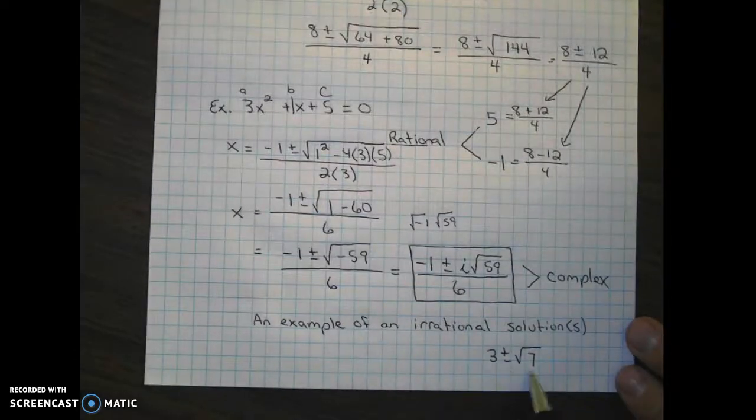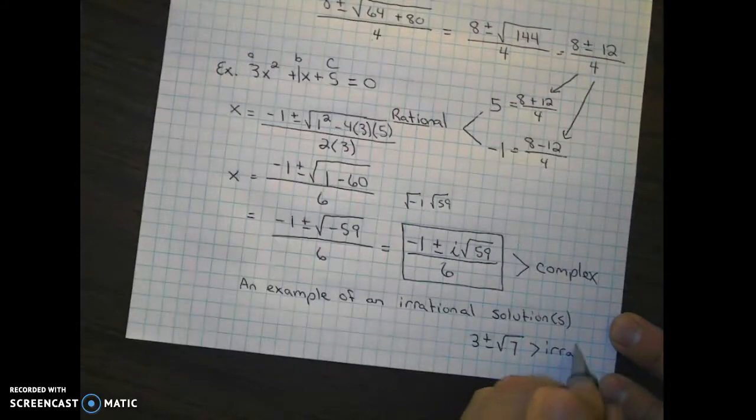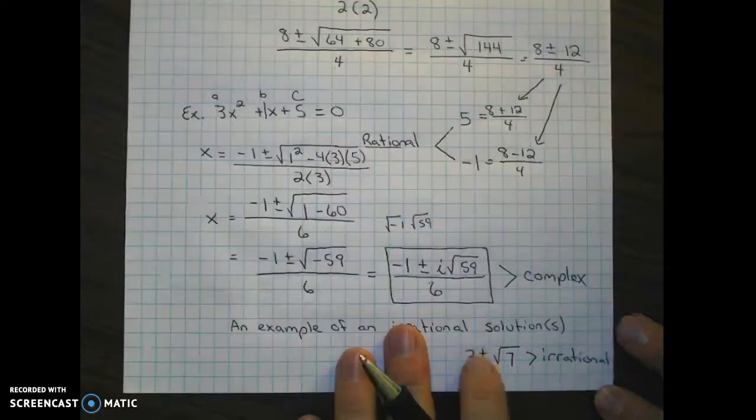Okay, since we have a radical, the square root of 7 in here, notice it's not imaginary, there's no negative in here to pull out as an i. There's just a radical here, so anytime you have a radical in your answer, you're going to have an irrational solution. And you need to know the different types.